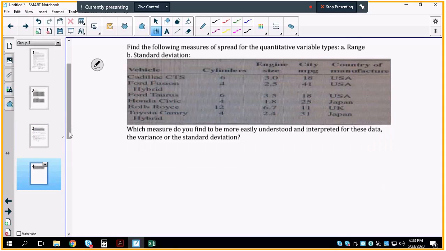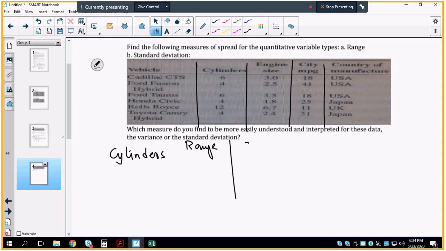So find the following measures of the spread for quantitative variable types. We're going to find the range and standard deviation for each of them. So we're going to do it for cylinders, for engine size, and for city mileage per gallon. So first we'll do it for cylinders, and we will find the range, and then we will find the standard deviation.